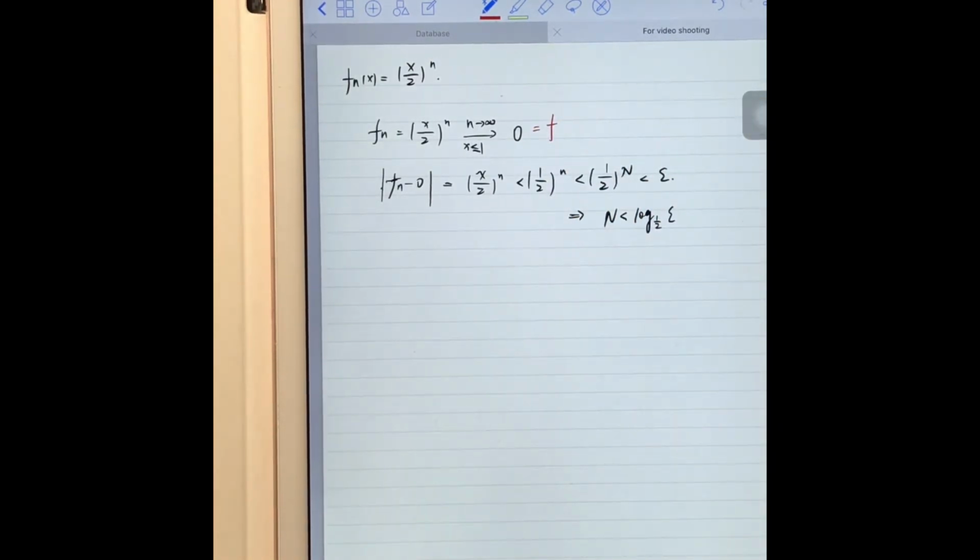But we still need to check by definition that it satisfies the condition, which is equivalent to saying we can find such a natural number N. So we take the absolute value of f_n minus the 0 function, and it's equal to x over 2 to the power of n, right?